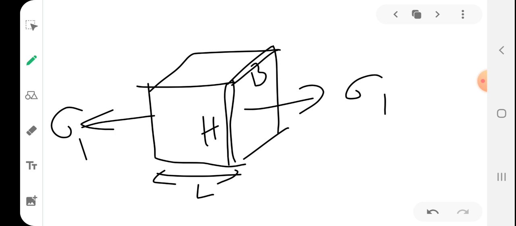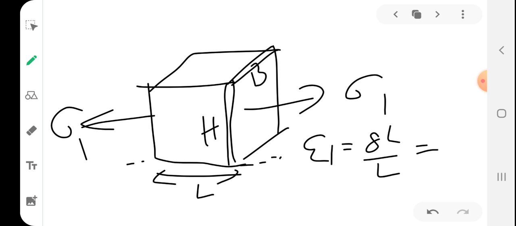Here I am applying stress in one direction only. So the linear strain epsilon 1 will be delta L by L. If this is increasing in the x direction, delta L by L can be written as sigma by E, or sigma 1 by E.